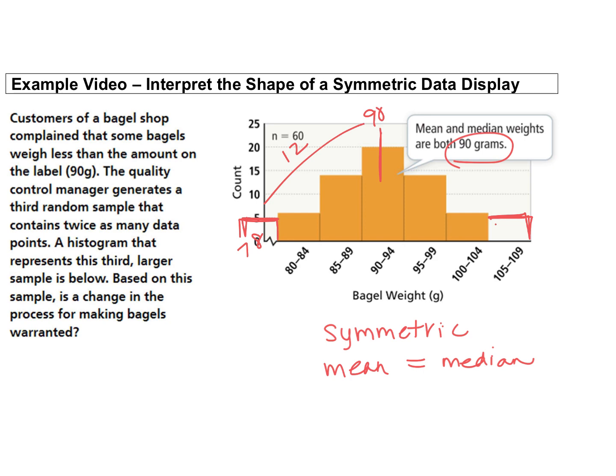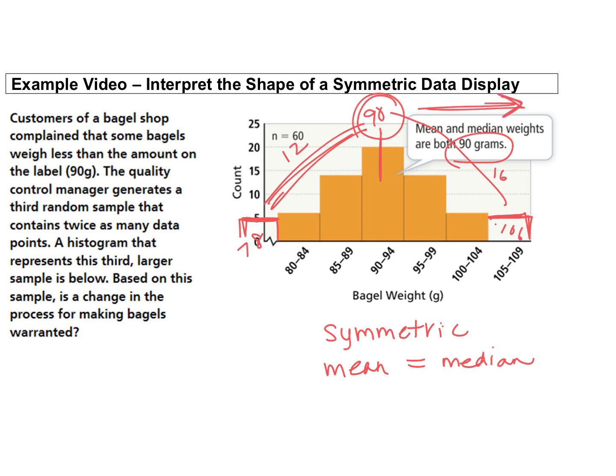If we put in 5 more bagels that are 106, how far away is that from 90? Well, that's 16 grams away from 90. So because we're adding in bagels that are higher than our mean and median, than the 78 is a little bit closer, that is going to pull things to the right just a bit.